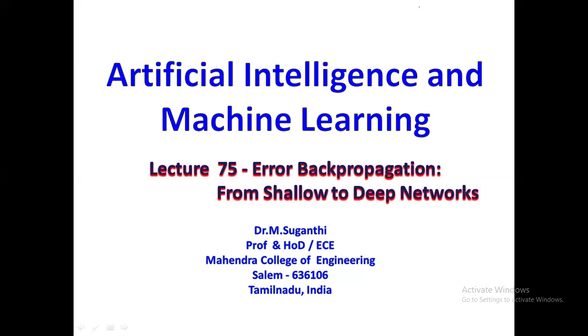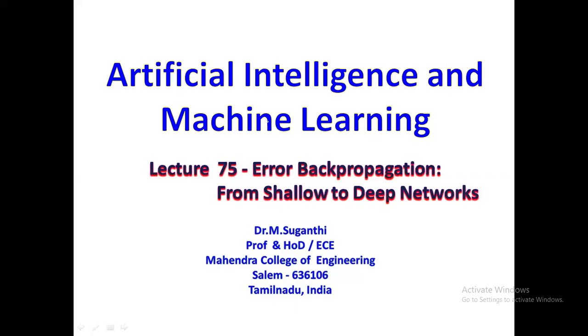We will explore how the error is computed at the output layer and systematically propagated backward through hidden layers, updating the parameters using gradient descent. Understanding this process is important for designing efficient and scalable deep learning systems.